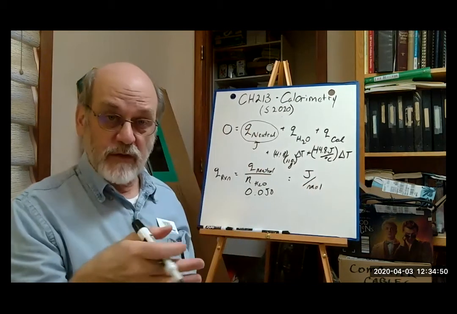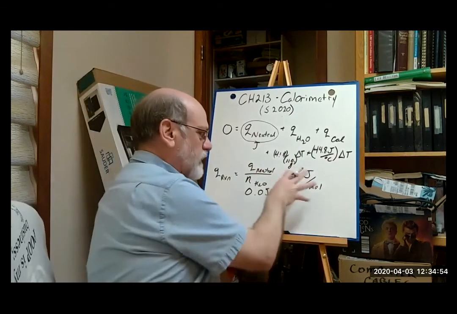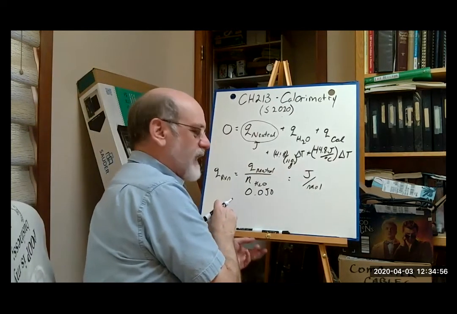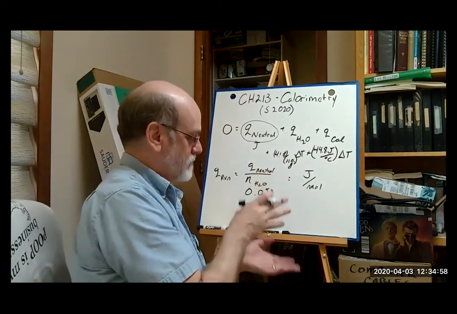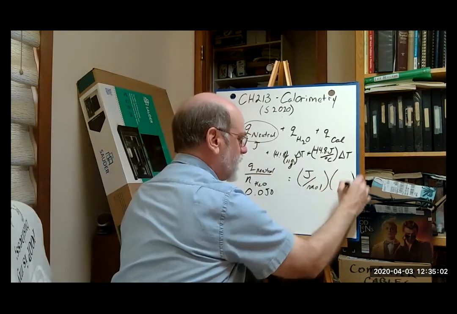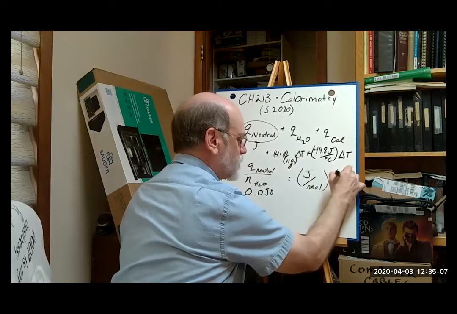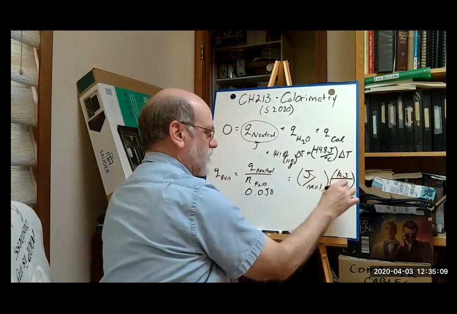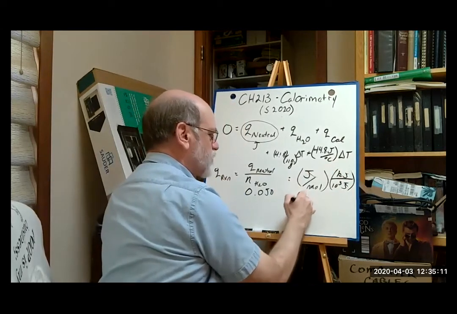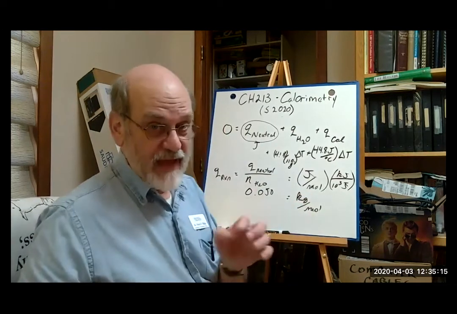But the accepted value is in kilojoules, right? So in order to get kilojoules out of that, you have to divide it by 1,000, 1,000 joules per kilojoule. Then you get your value as kilojoules per mole, and it may have a sign on it.